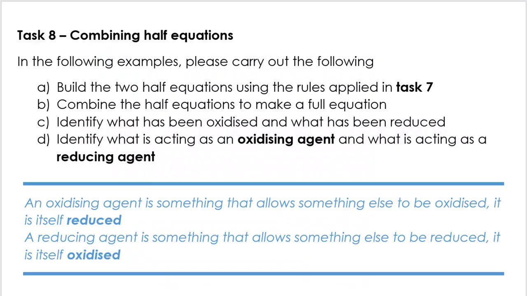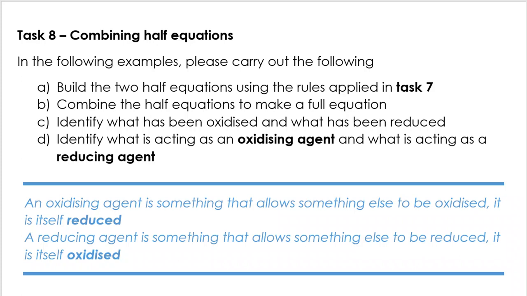So we are going to look at some examples where you're going to build half equations and then combine them. It's also important that you note these definitions at the bottom. We've spoken about oxidation being loss of electrons, reduction being gain of electrons. So we need to think also about oxidising agents and reducing agents.